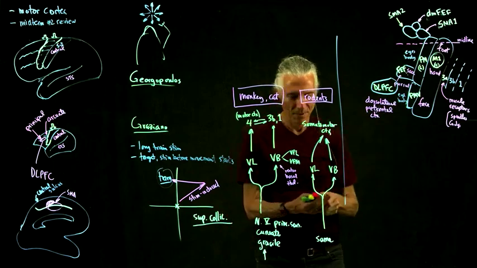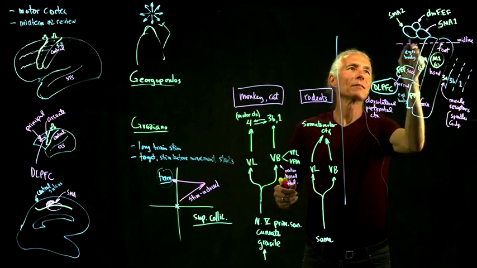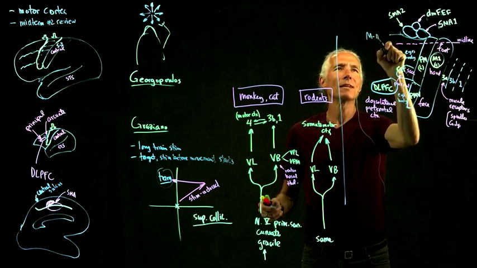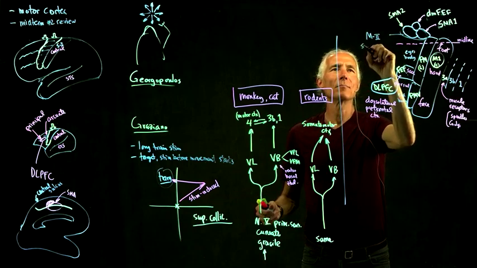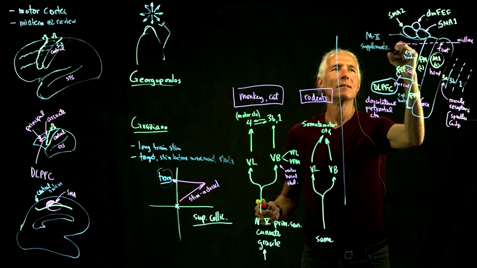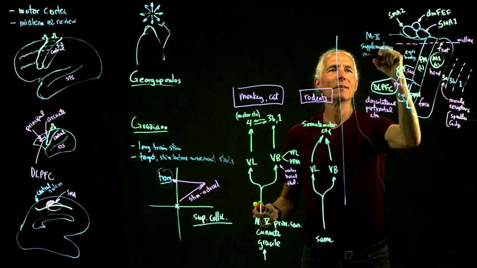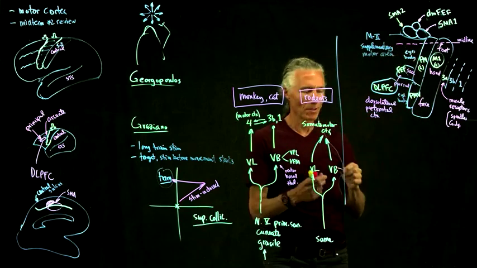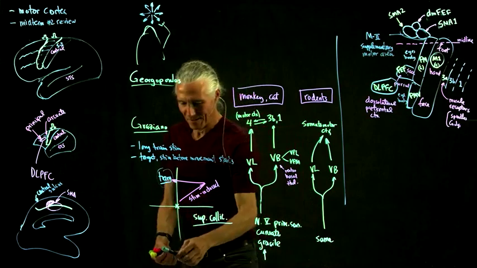So you could think of these together. These together are M2, the original M2, or supplementary motor area.